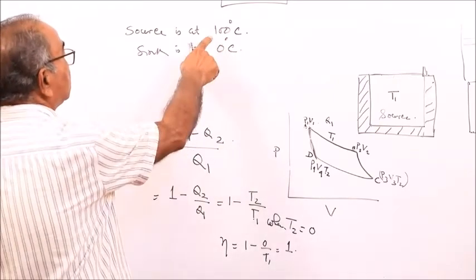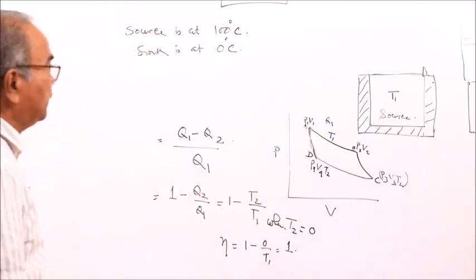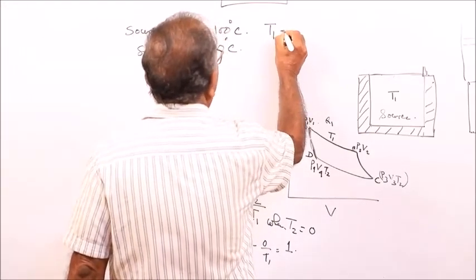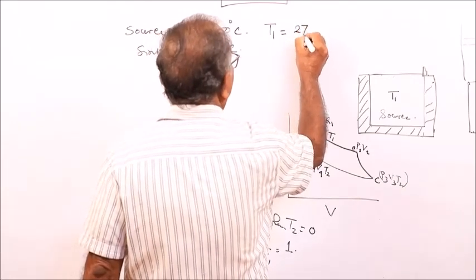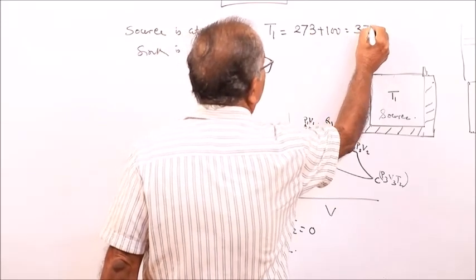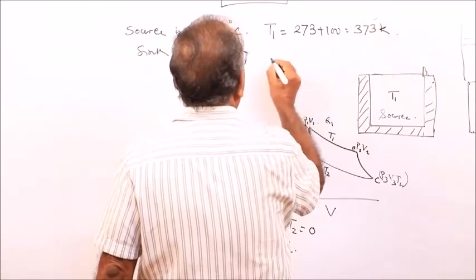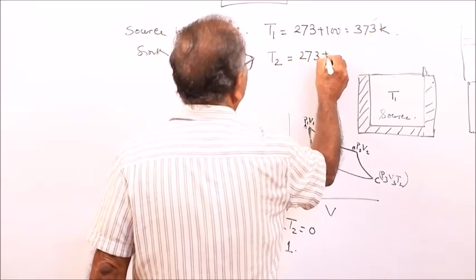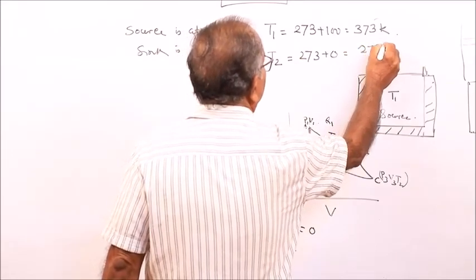But this is in the centigrade scale, and we need the Kelvin scale. So T1 is 273 plus 100, that is 373 Kelvin, and T2 is similarly 273 plus 0, that is 273 Kelvin.